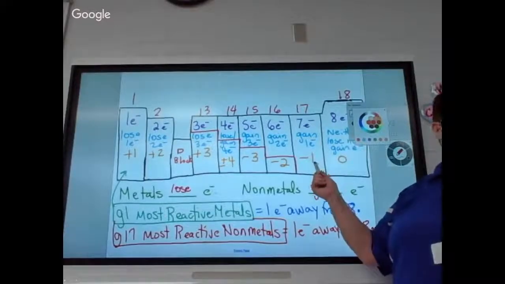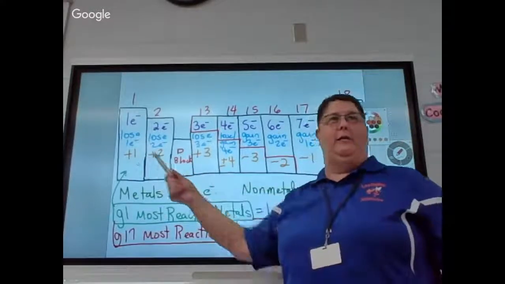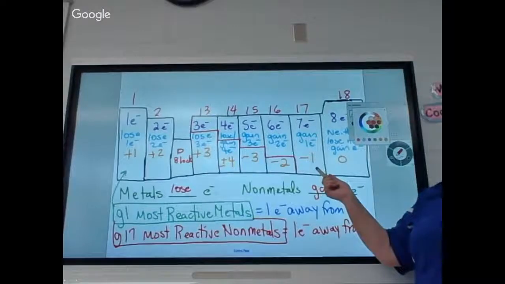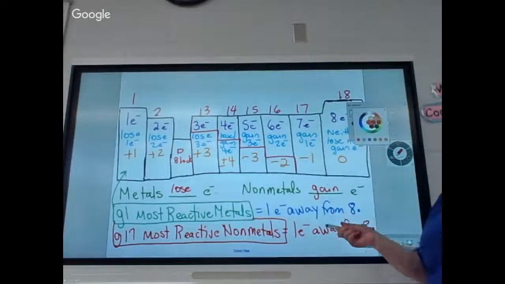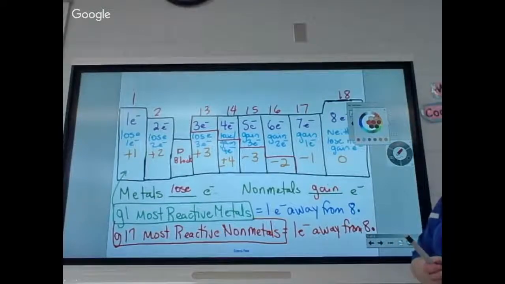They make very stable compounds, okay? Because this group wants to give away an electron, this group wants to gain an electron, okay? Why? They are each what? 1 away from 8.